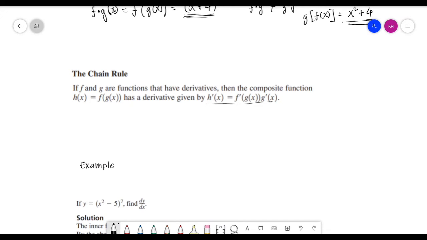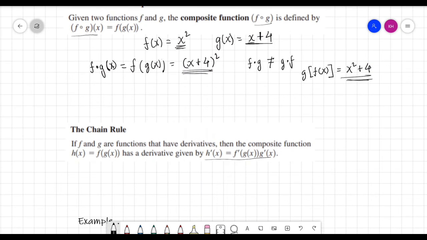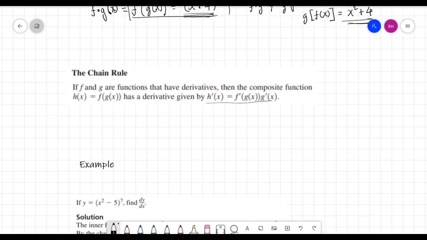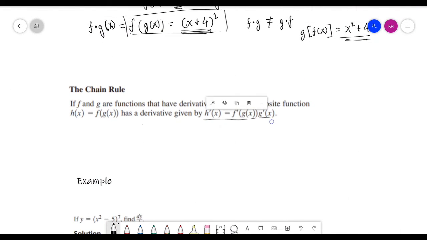So if we take the example that we did on top over here, f of g of x, let's find the derivative of that. f of g of x is going to be (x plus 4) whole squared. Now to find the derivative, we simply assume that the inside function can be another variable.